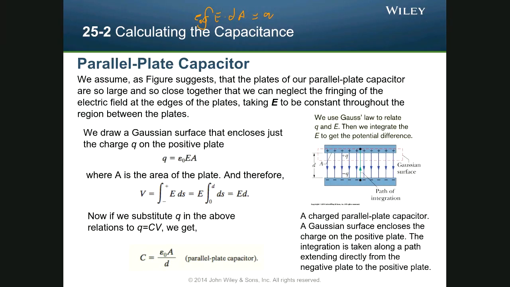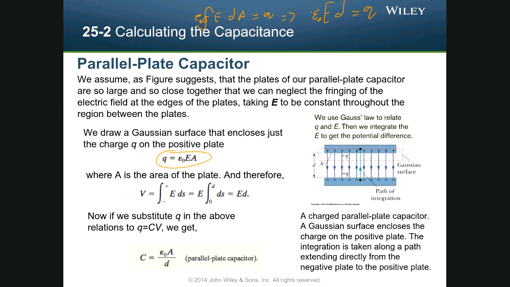We were able to use Gauss's law to get this E dot ds integral, and this reduces to epsilon naught E times d equals Q. So this whole part here comes from evaluating Gauss's law.